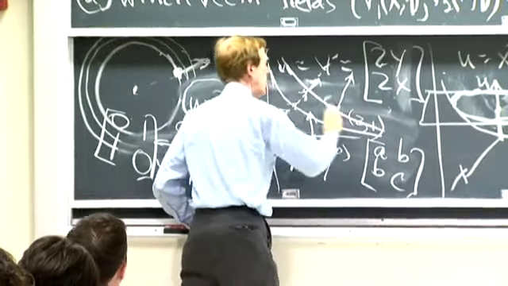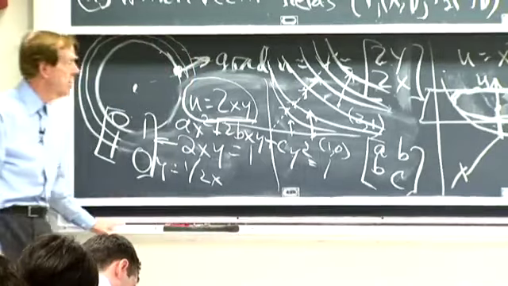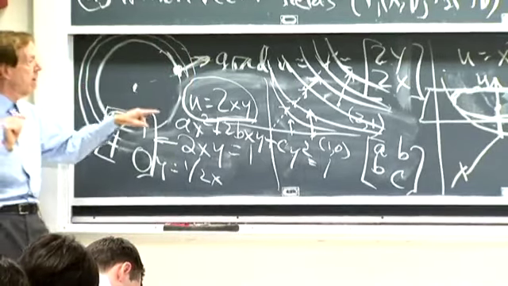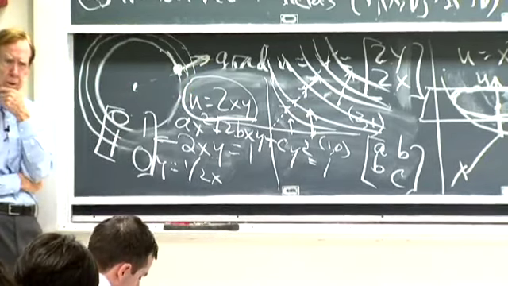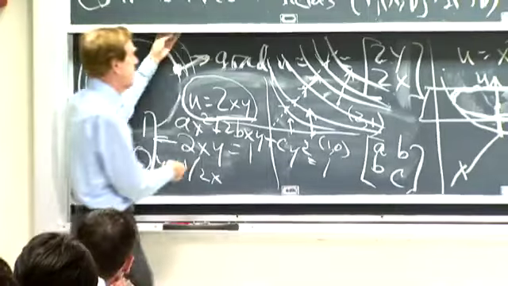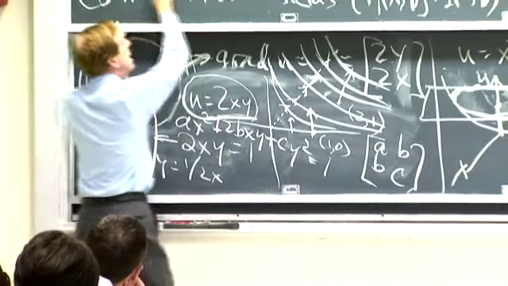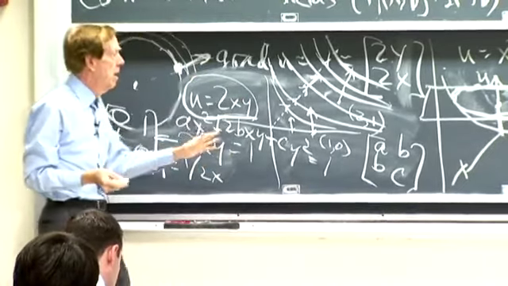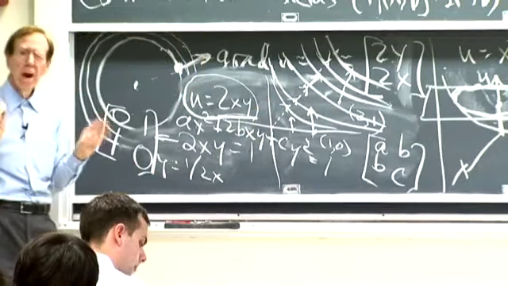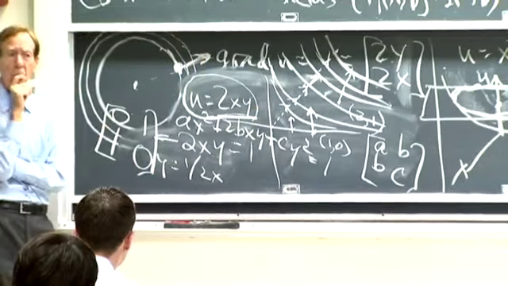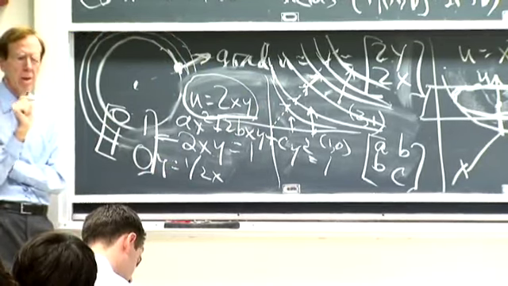If I draw equipotential curves, they're hyperbolas. And now what's the point about these little arrows that I got started on? What was the very first point about the answer to the meaning of the gradient? These are the gradients of u, so those arrows point where? Perpendicular to the hyperbolas.